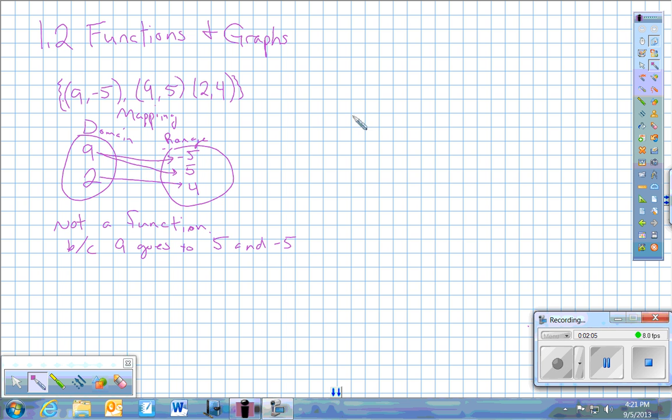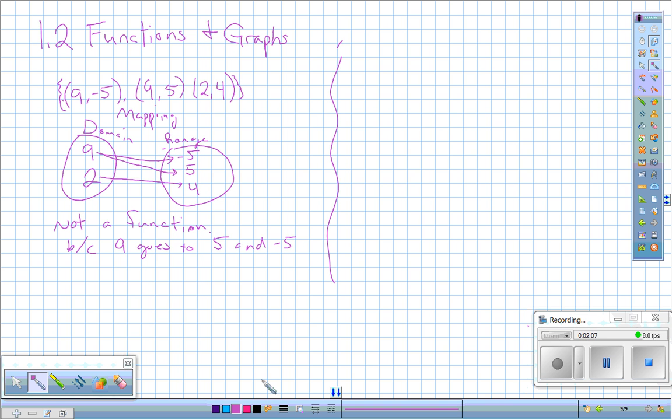Okay, another data set example. If I have (-2, 5), (5, 7), (0, 1), and (4, -2). End of set.